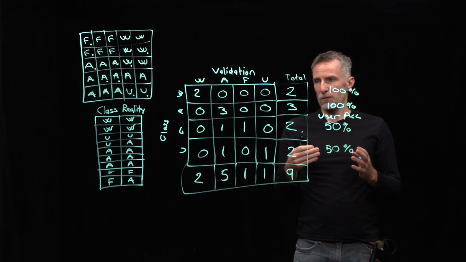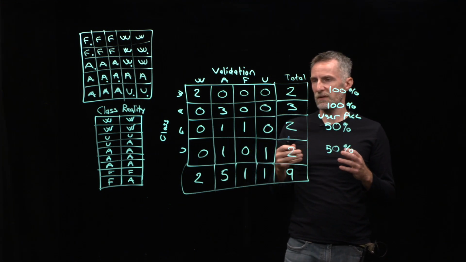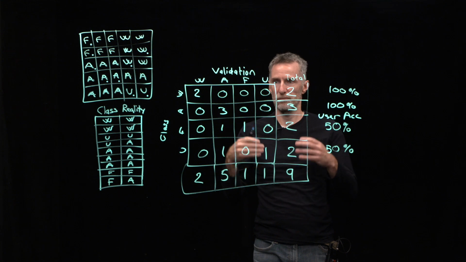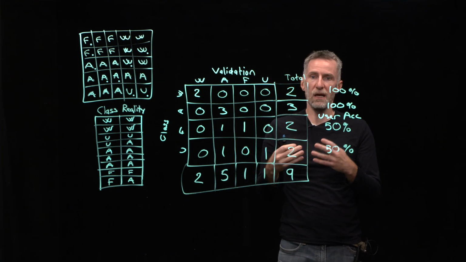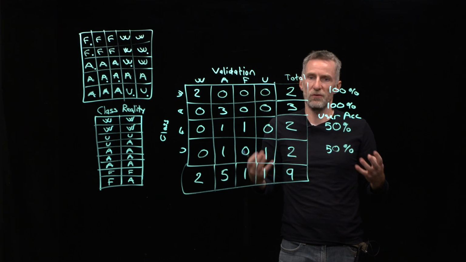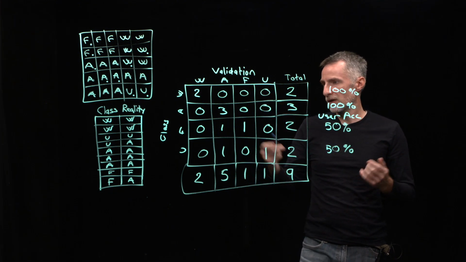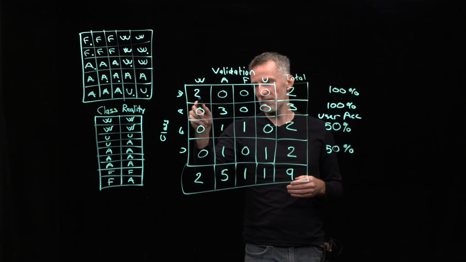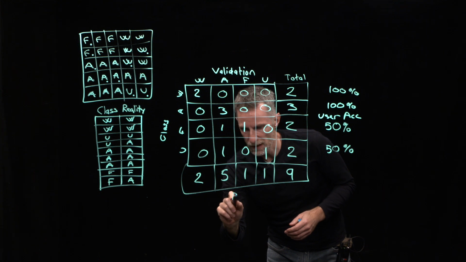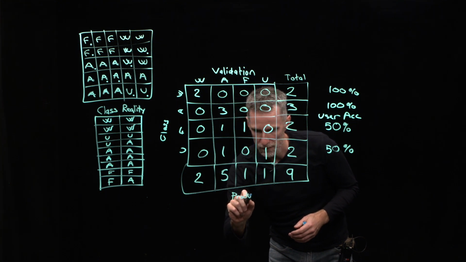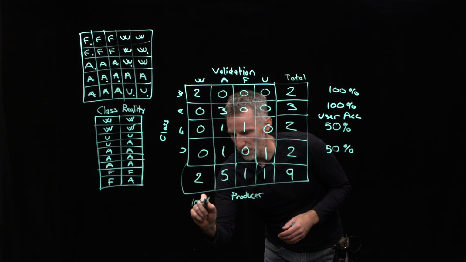We can also calculate what's called the producer accuracy. This looks at if a pixel is actually water, how likely was it to come out as water in the map? How likely was it to be classified as water? So that we calculate using the columns. For water, we have 2 correctly classified water pixels out of 2 total. So we get for our producer accuracies here, 100% for water.